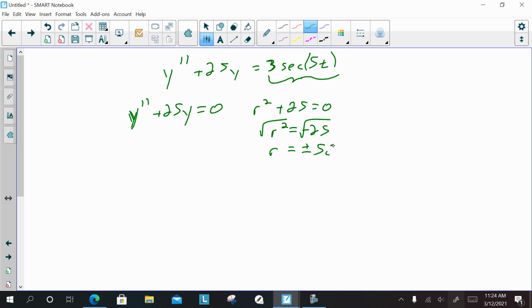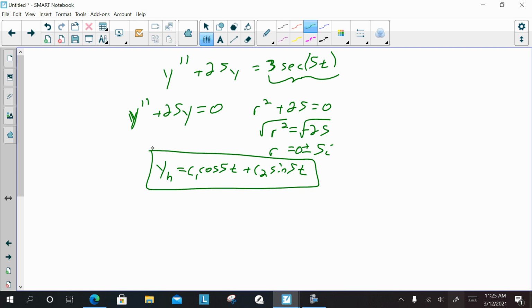So what does that mean for our homogeneous equation? That means our homogeneous equation doesn't have an e because a is 0. So it's c1 e to the 0t, so no e's, cosine 5t, plus c2 no e's, sine 5t. So that's our homogeneous.